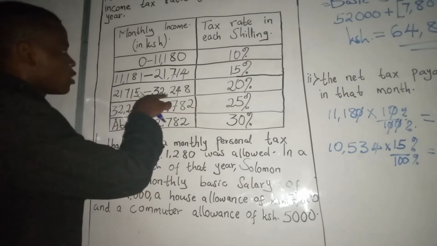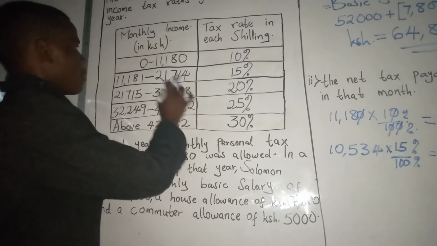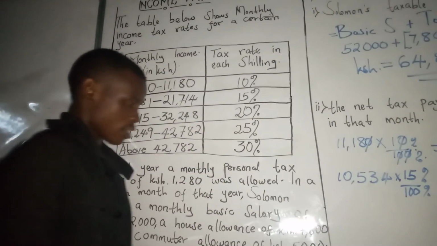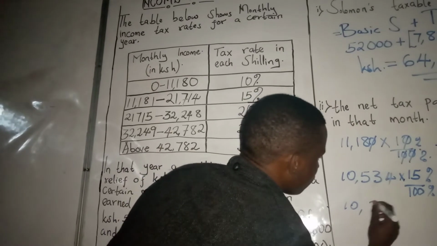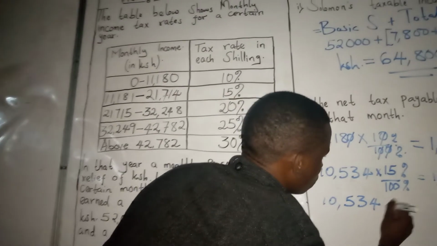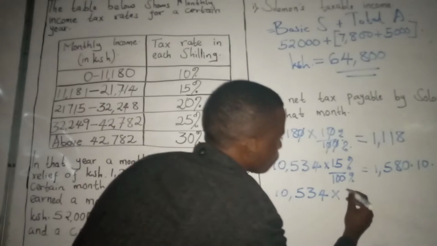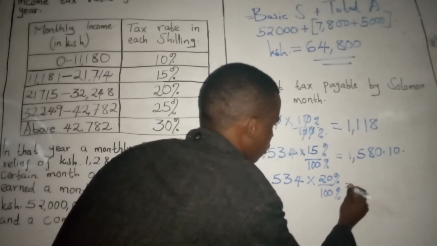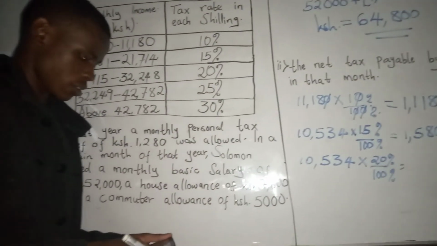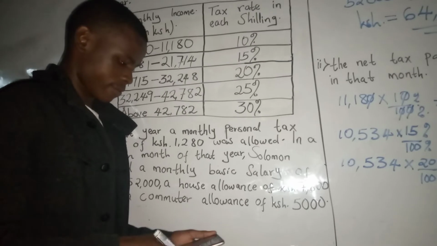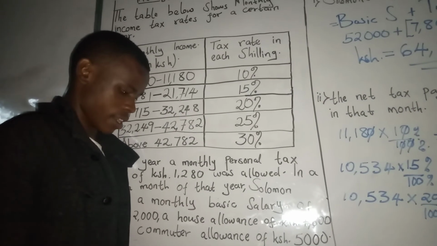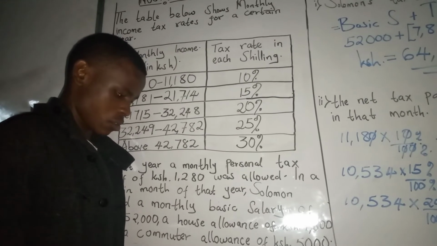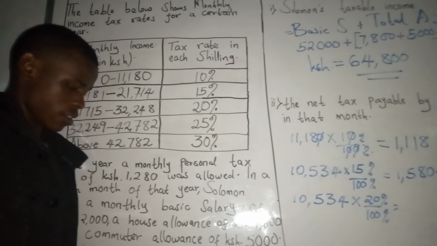So if we subtract 32,248 minus 21,714, we are going to get 10,534 multiplied by 20 divided by 100.